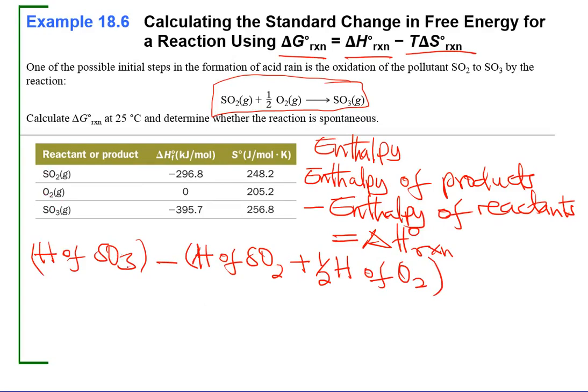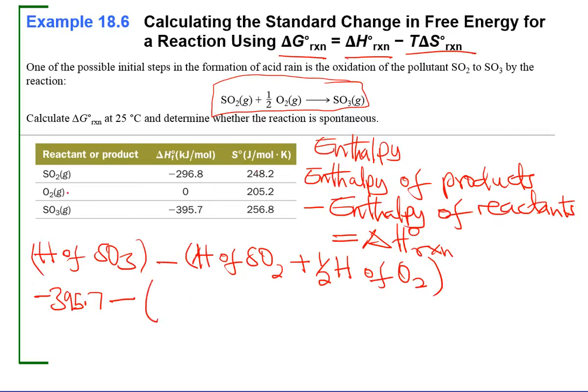Enthalpy of SO3 here is given as minus 395.7, that is kilojoules. And then this one minus parentheses.